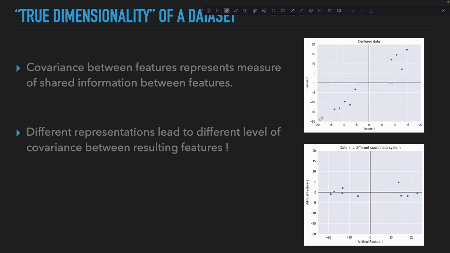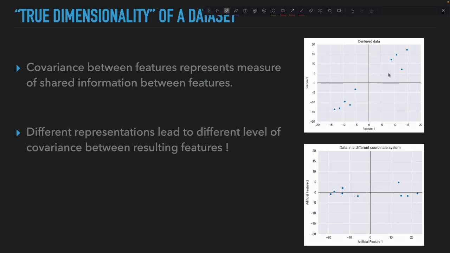And you can see that in this representation there is a lot of correlation between these two features. You can easily predict what will happen with feature 2 by using feature 1. But there are some other representations of these patterns and variation in our data, which yield features that are really not correlated.